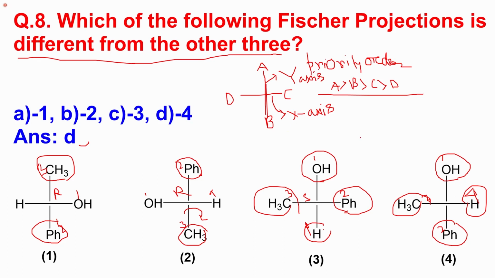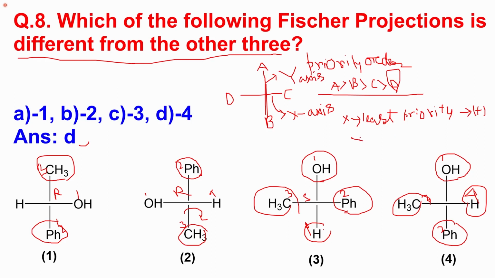So if you see the least priority anywhere, here the least priority is D. If the least priority is on the x-axis, then it is the positive rule.